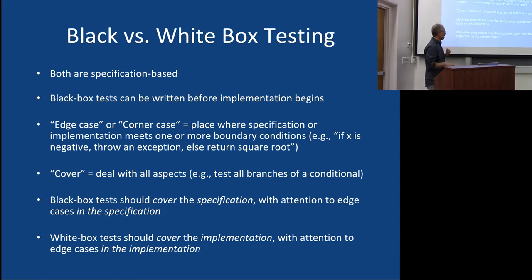White box testing should cover the implementation. And there you're looking for edge cases in the implementation, like conditionals and loops, places where decisions are made. But in either case, you're trying to cover. We've got a tool to measure how well white box tests cover the implementation. We don't really have a tool for specifications. We just sort of do that by inspection.